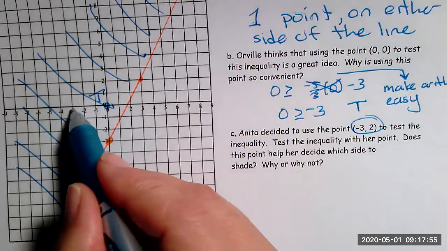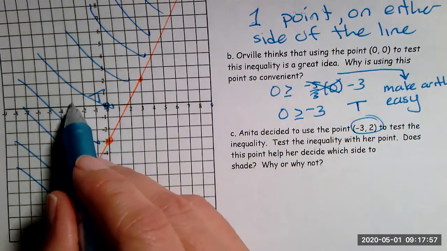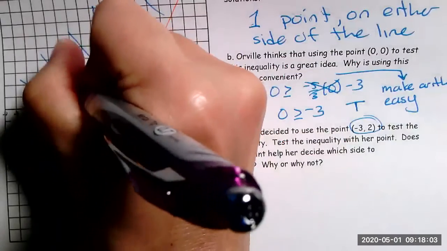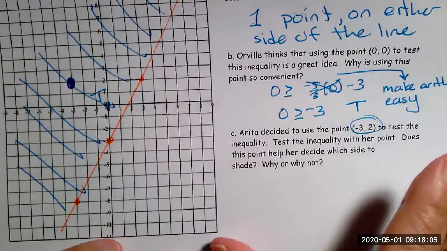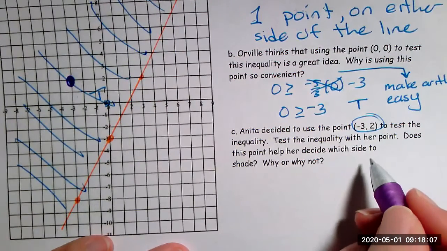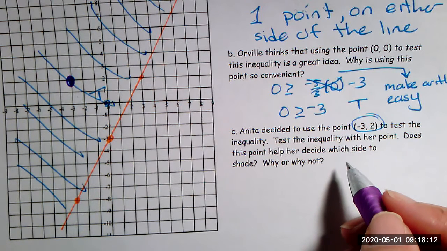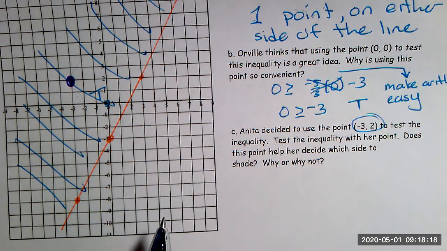So -3, 2. This is Anita's point. I'll do Anita's point in purple. So now let's check. Where can I graph this one?